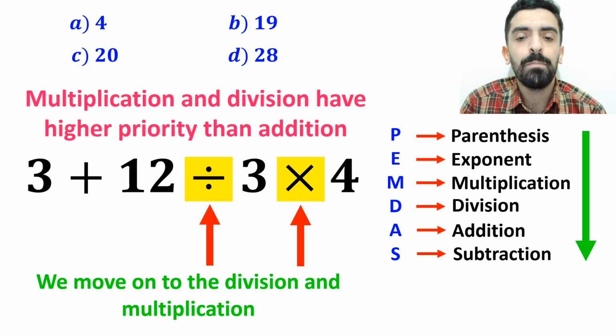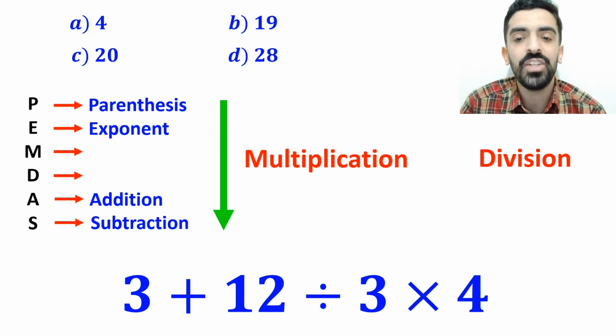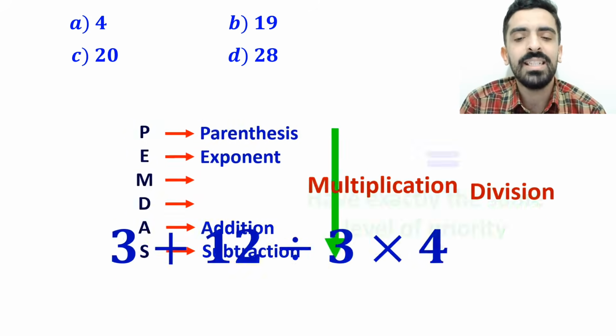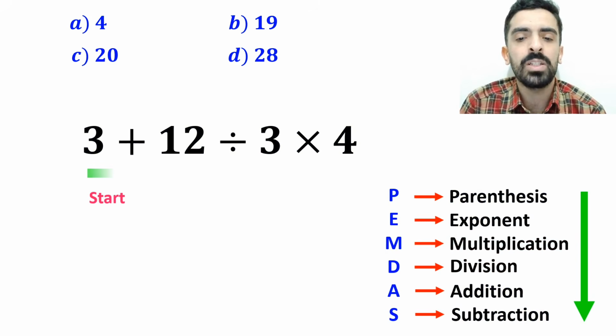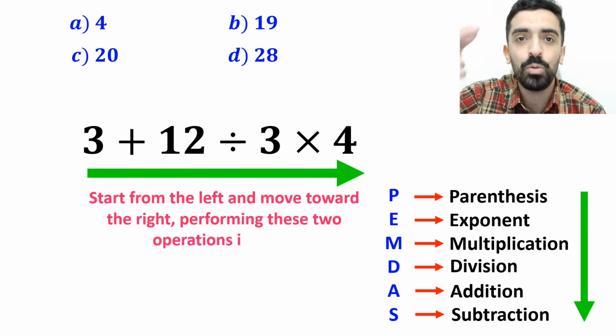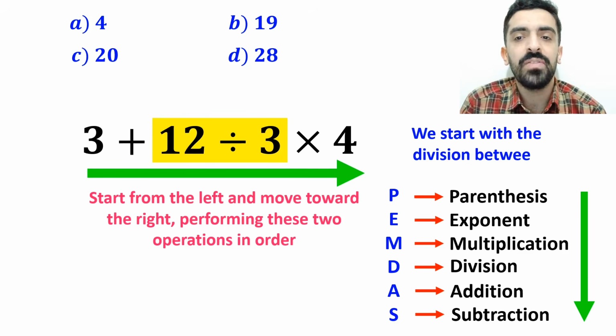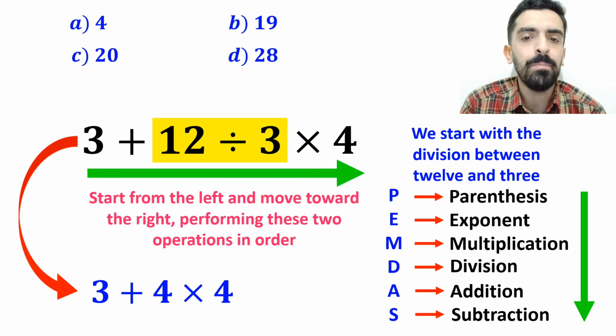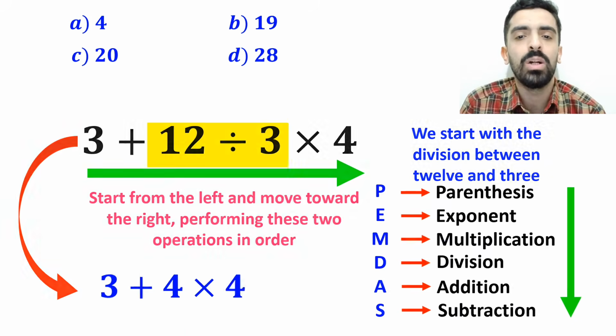However, it's very important to note that multiplication and division have exactly the same level of priority. In this situation, the best approach is to start from the left and move toward the right, performing these two operations in order. So, first we start with the division between 12 and 3, which simplifies this expression to 3 plus 4 multiplied by 4.